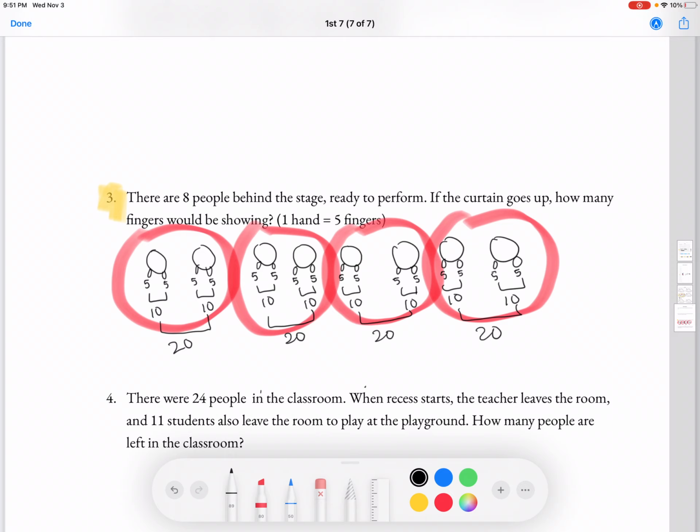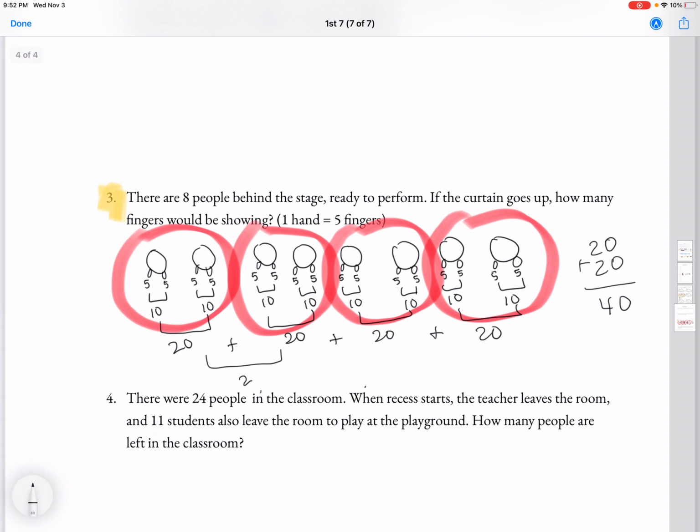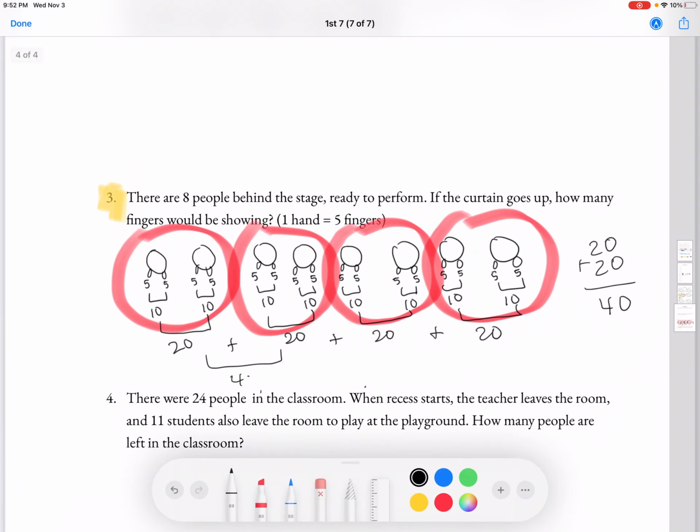Now that we have 20, 20, 20, 20, we're going to add everything. Now what is 20 plus 20? It is 40. So 20 plus 20 is 40.